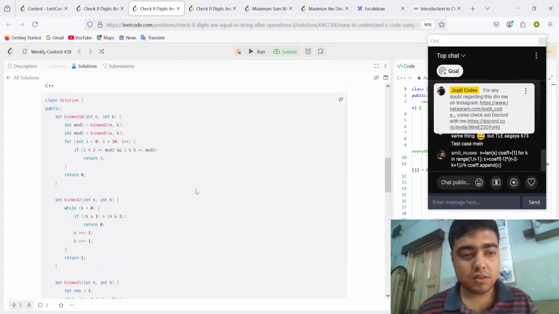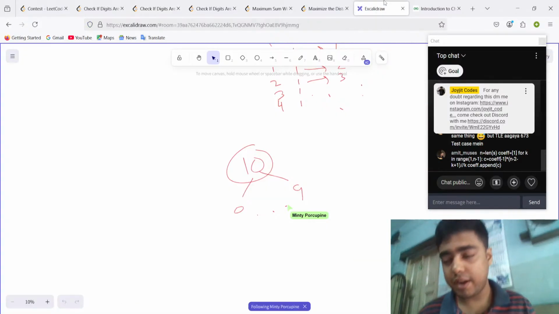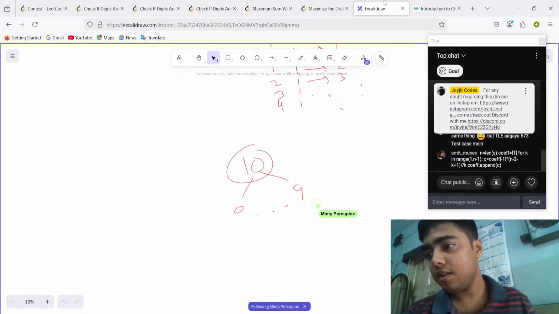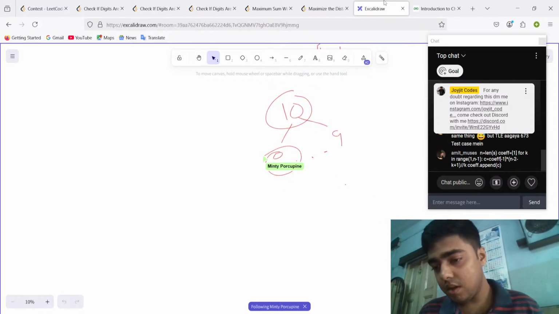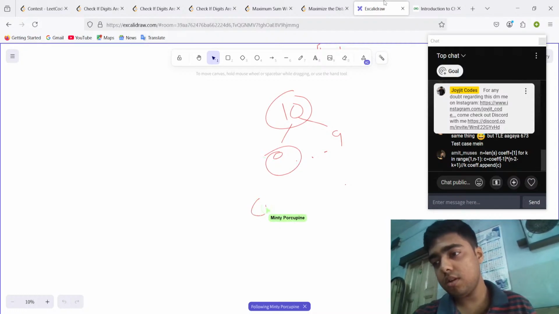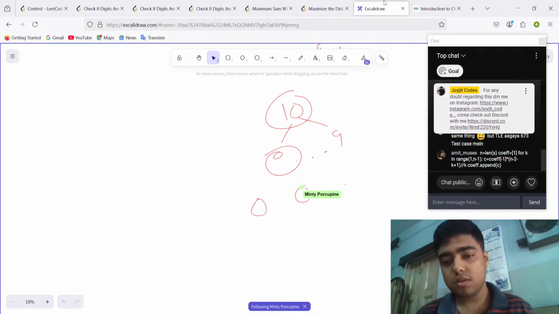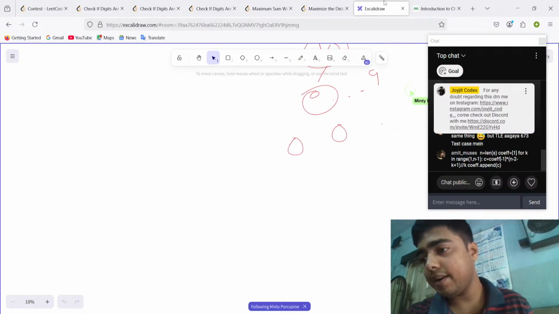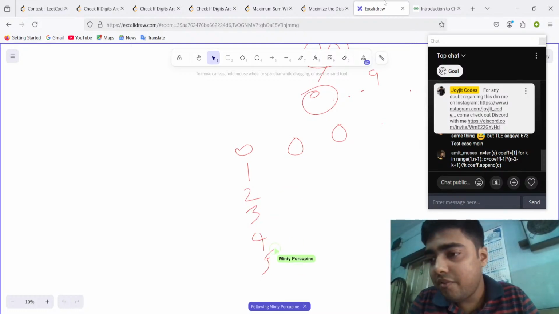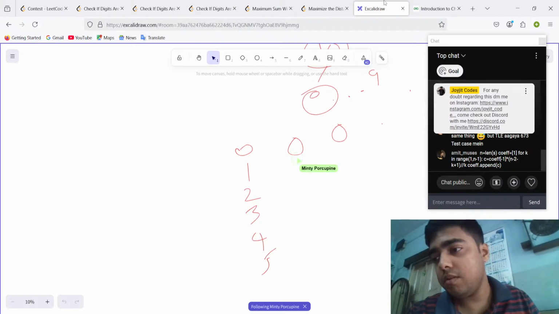If you want the proof of it, I can show you quickly. Let's say mod 10 is 0, which means mod 2 will also be 0 and mod 5 will also be 0, right? If mod 10 is 1, I will write 0, 1, 2, 3, 4, 5. Let's do the first 5 first. If mod 10 is 1, then mod 2 and mod 5 will both be 1.